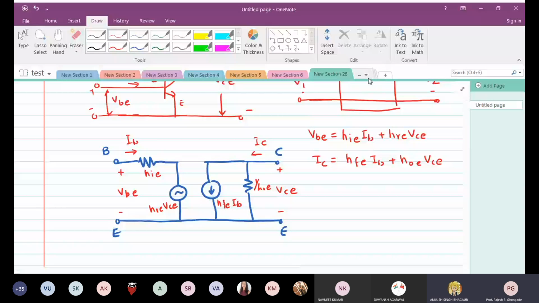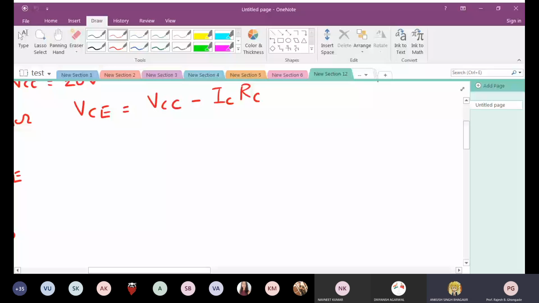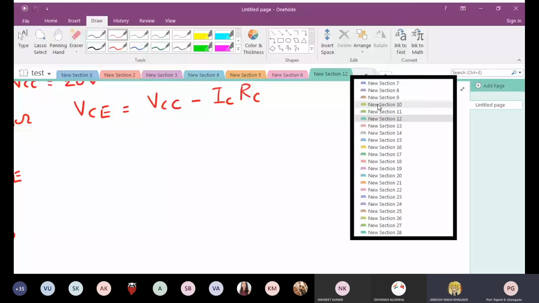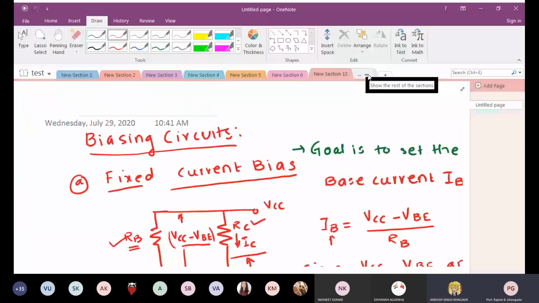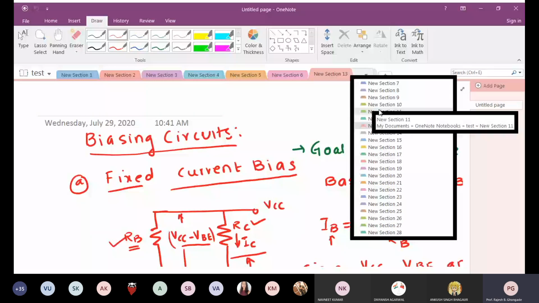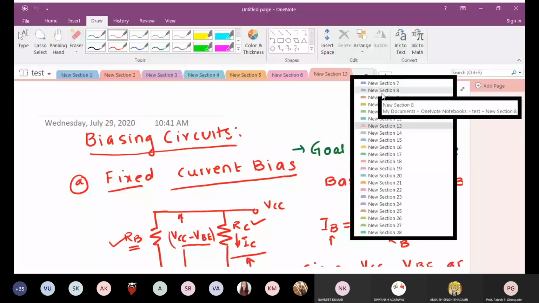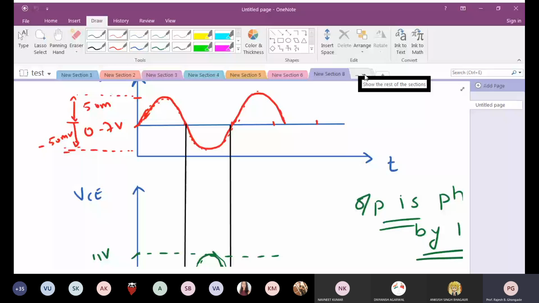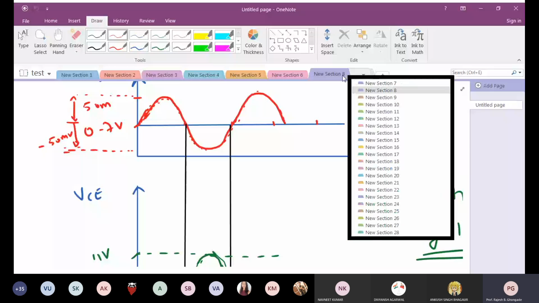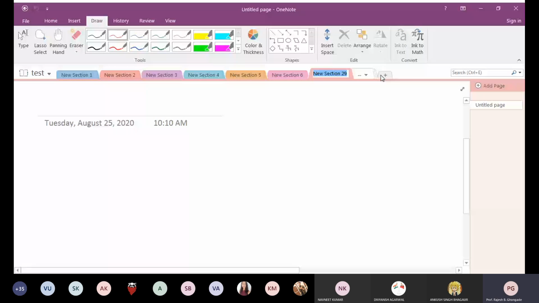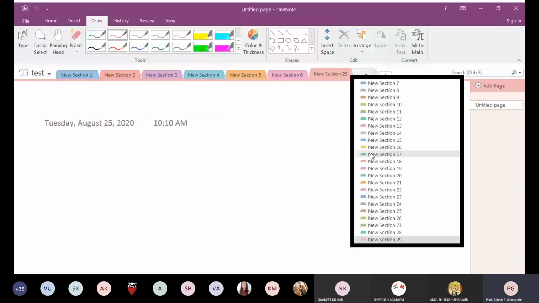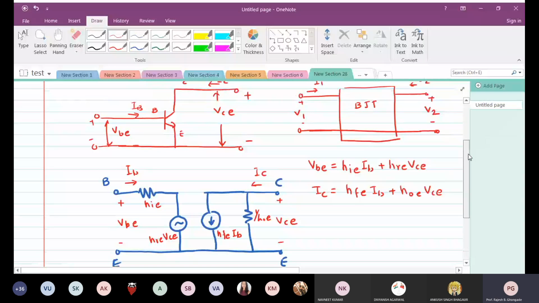I think in one of the lectures I have shown you the two-port networks. I don't exactly remember which one. If you have not done that, let this be for the first time.